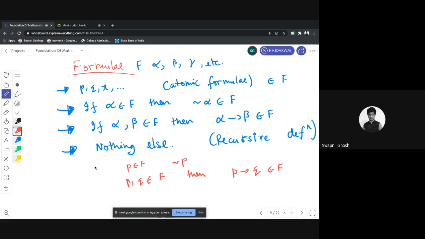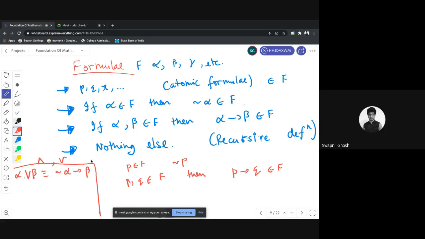Now you might think: where did and, or, not go? In fact, and, or, not can be defined using not and implication. How? Let's see. Alpha or beta is actually the same as not alpha implies beta.